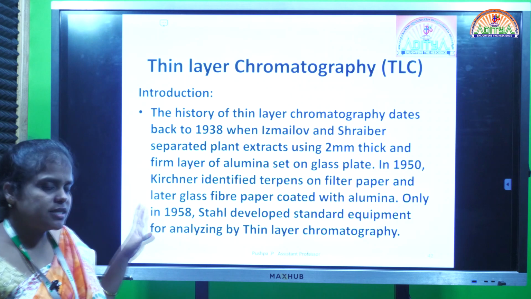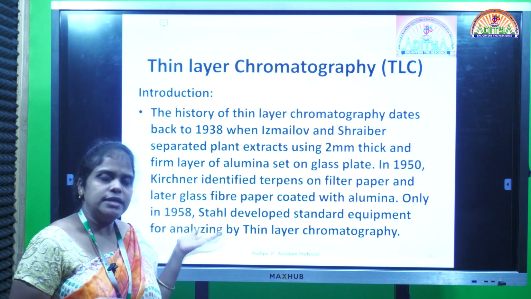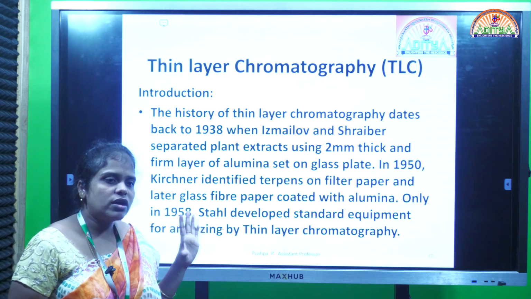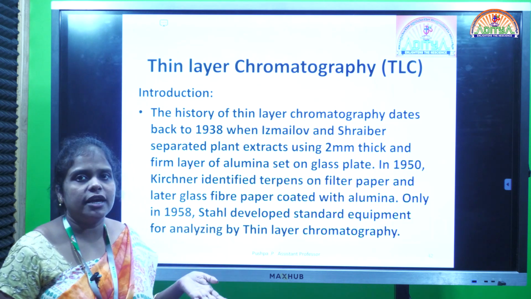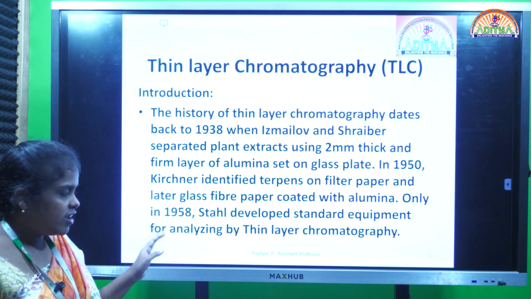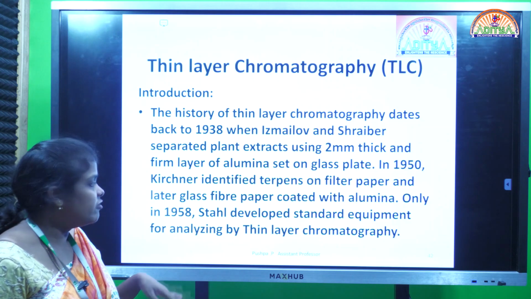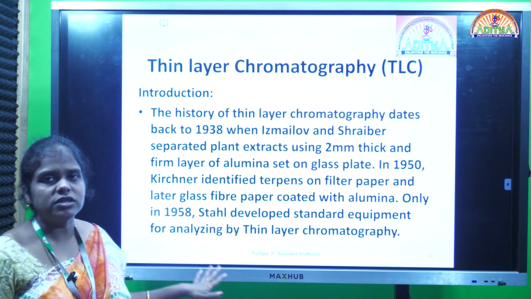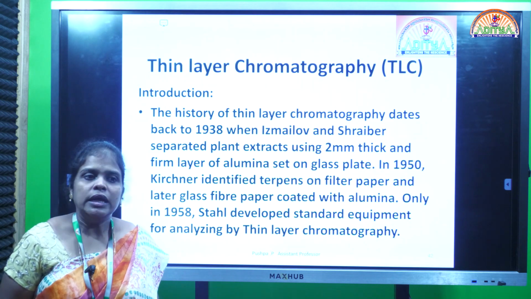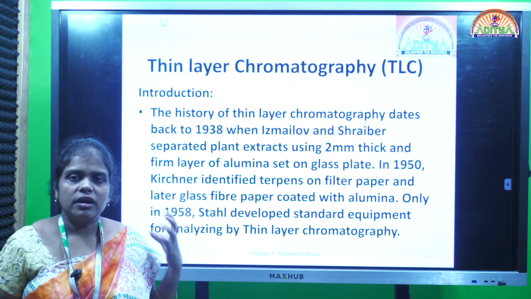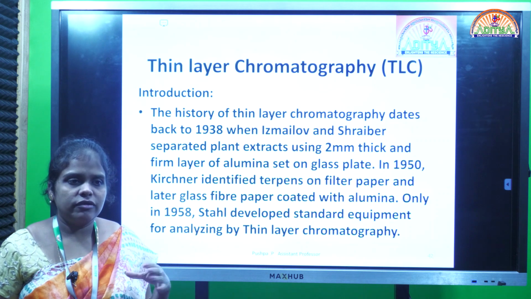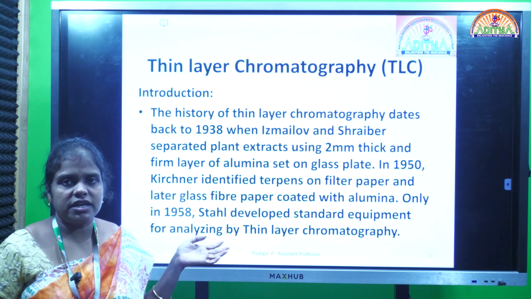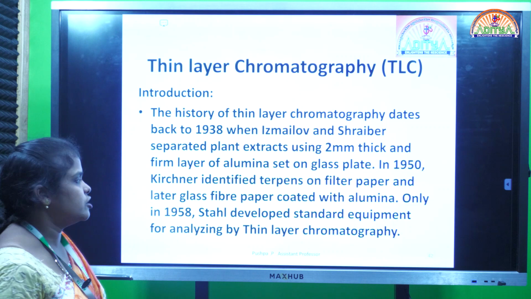All the scientists used so many things, but they didn't recognize it as thin layer chromatography. But Stahl developed the standard equipment for analyzing by thin layer chromatography. This is the introduction part, because for everything you have to know the background that leads to a nice separation technique. You have to know the history also.